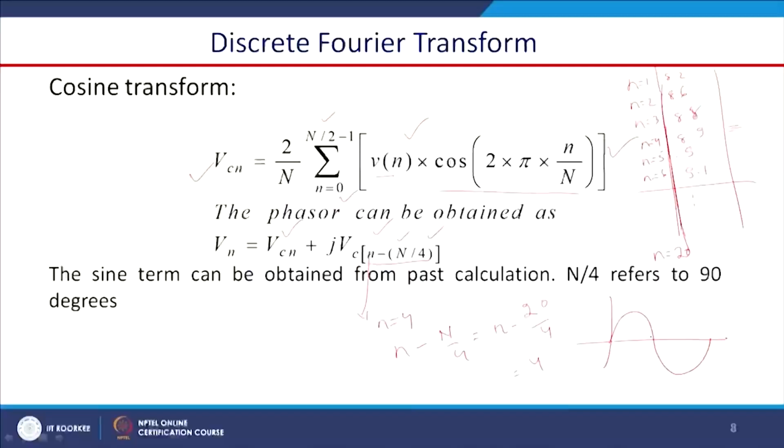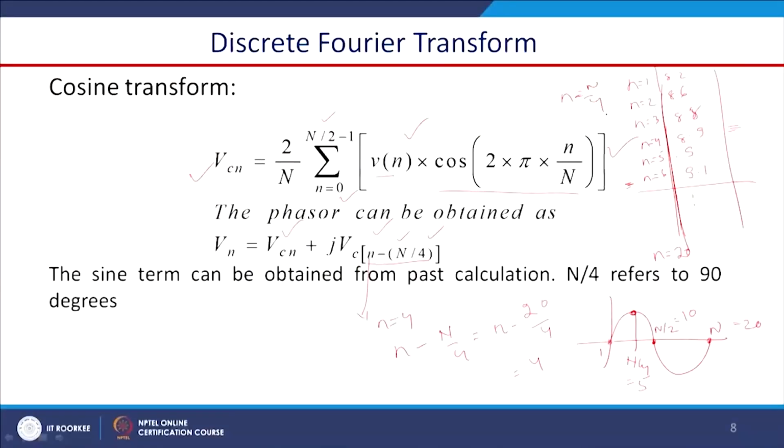If I have the signal, here is my n by 4, here is my n by 2, and here is my n. The number of samples is 20, here it is 10 and here it is 5, starting from 1. Now, I have to start from here, n is equal to 6, because I have to go back 5 samples.